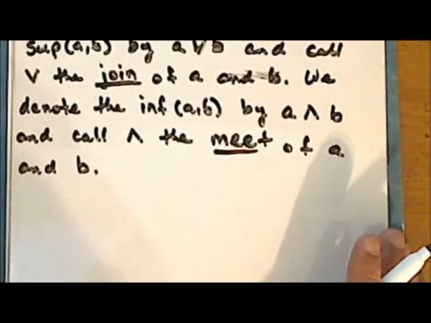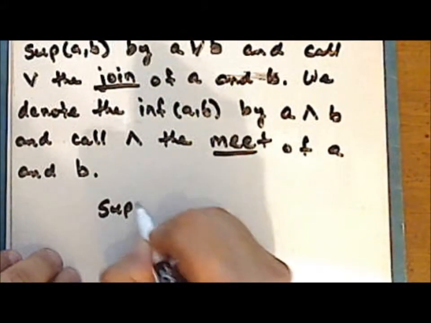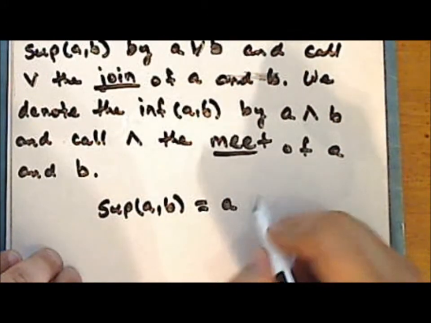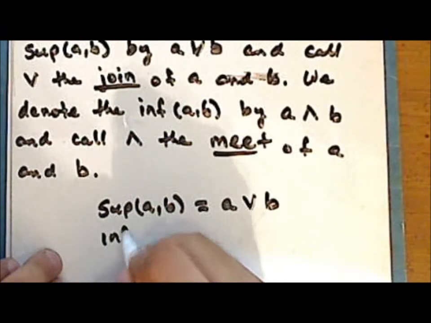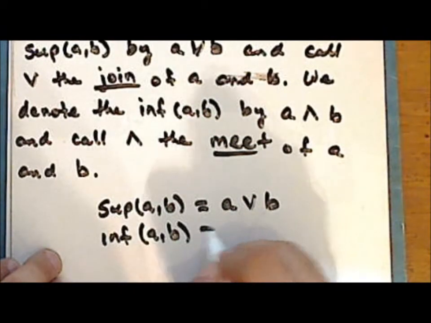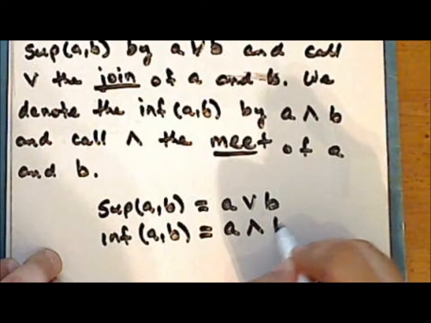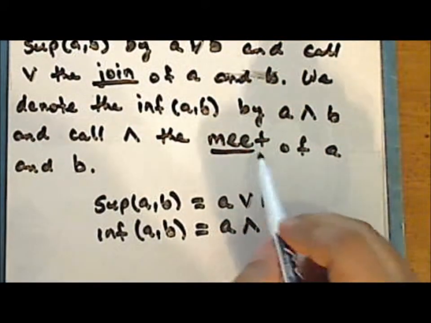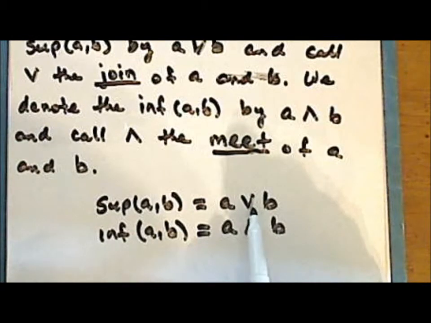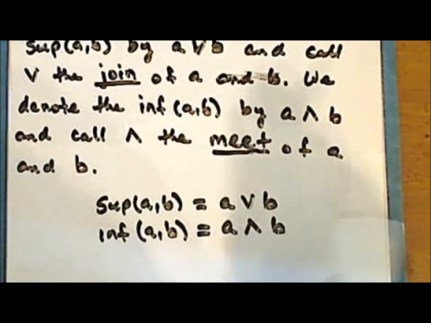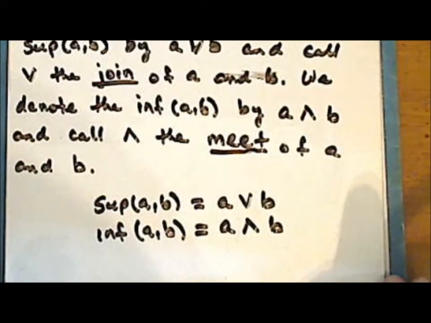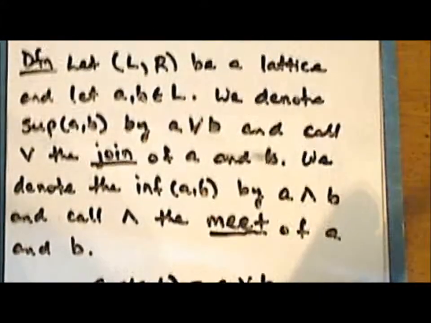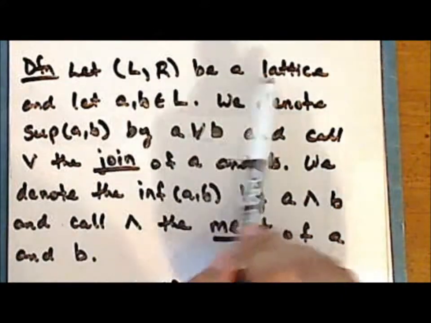So in the context of a lattice, rather than write supremum of A and B, we write A join B, and rather than write infimum of A and B, we write A meet B. And as we will see when we start looking at algebraic structures, binary algebraic structures, the join and the meet are binary operations defined on the set L, where it is understood that it has this relation R that makes it a lattice.